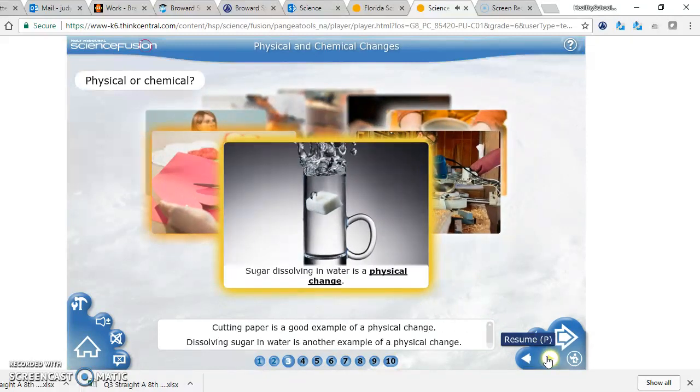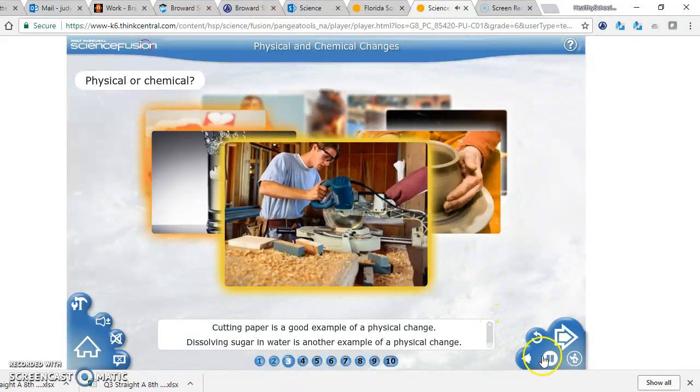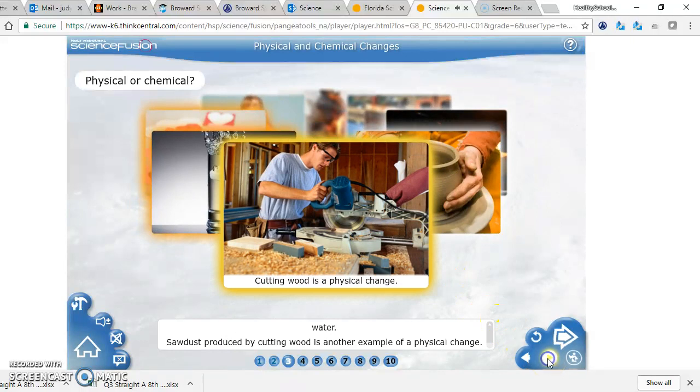Cutting paper is a good example of a physical change. Dissolving sugar in water is another example of a physical change. Sawdust produced by cutting wood is another example of a physical change.